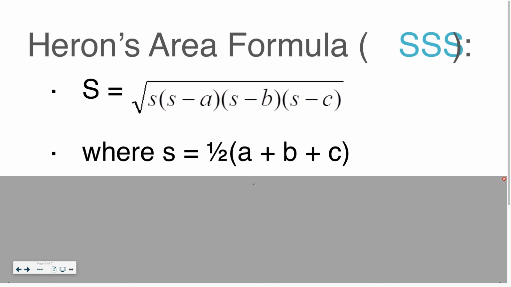I don't know why our book calls area capital S. I think it's silly, but that's the big S that you see. If you'd rather write area equals as opposed to big S equals, I would be fine with that. Little s is this right here.